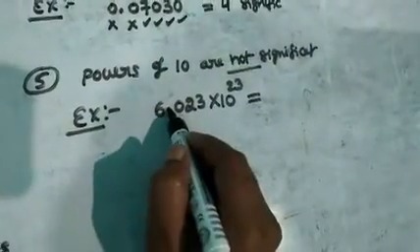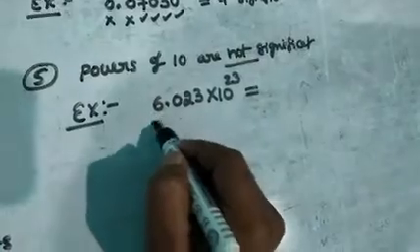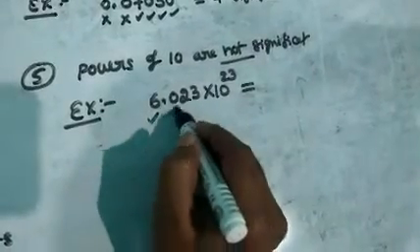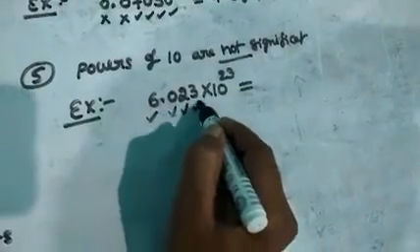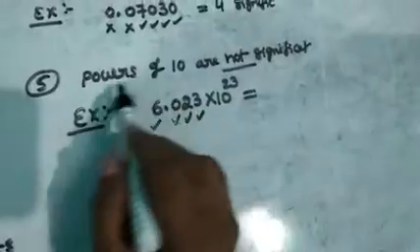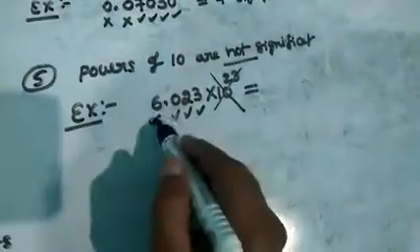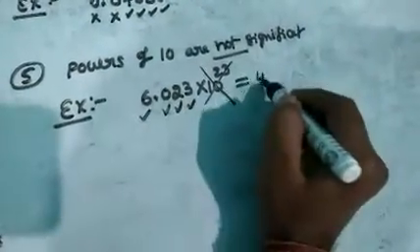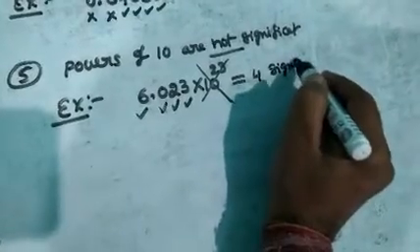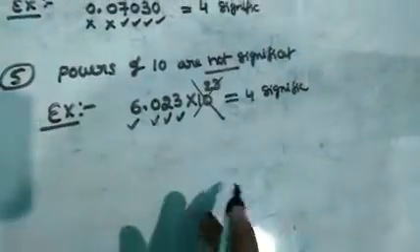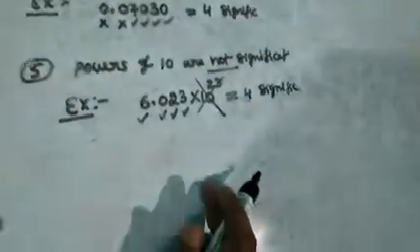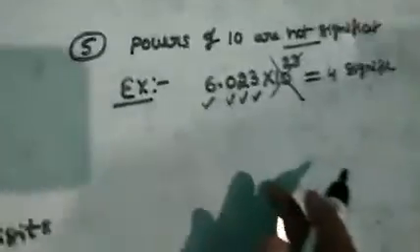Normally this is decimal, it is more than 1. 6 is significant, 0, 2 and 3, these are significant. But powers of 10 are not significant. Total don't count. 1, 2, 3, 4. 4 significant figures is the answer. समझ गए ना sentence?